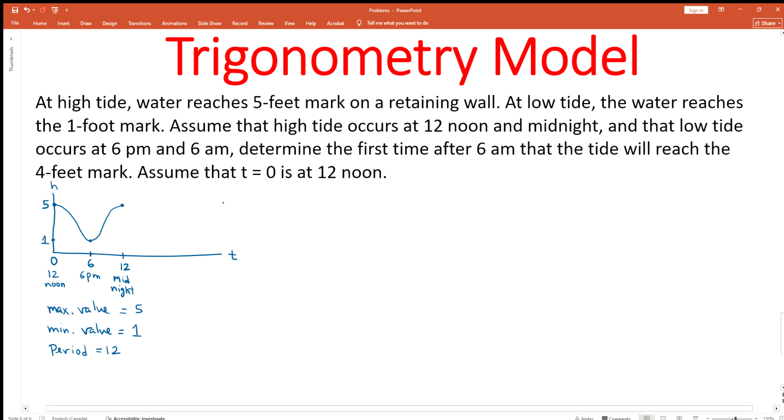We can use the maximum and minimum values to find the amplitude and vertical translation or midline for this graph. Let's start with the amplitude. The formula for amplitude is max value minus minimum value divided by 2.